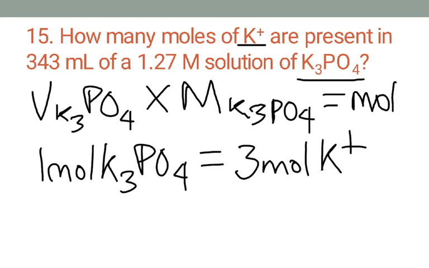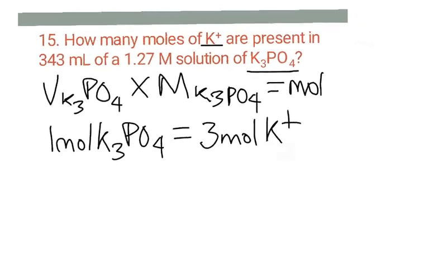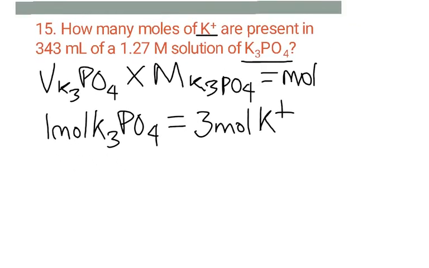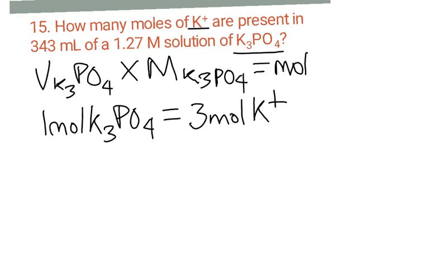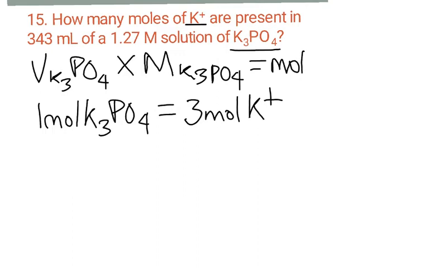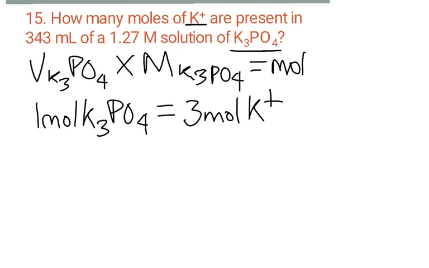And so this is our problem solving strategy. If we find moles of potassium phosphate, then we can use those moles to find the moles of potassium ions. So that's what I'm going to do now. Alright, we need to also change this volume that's in milliliters to liters.